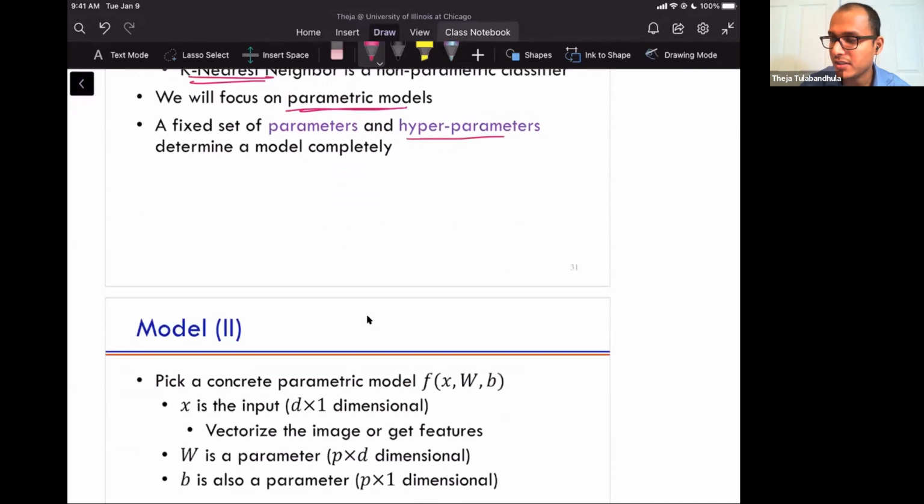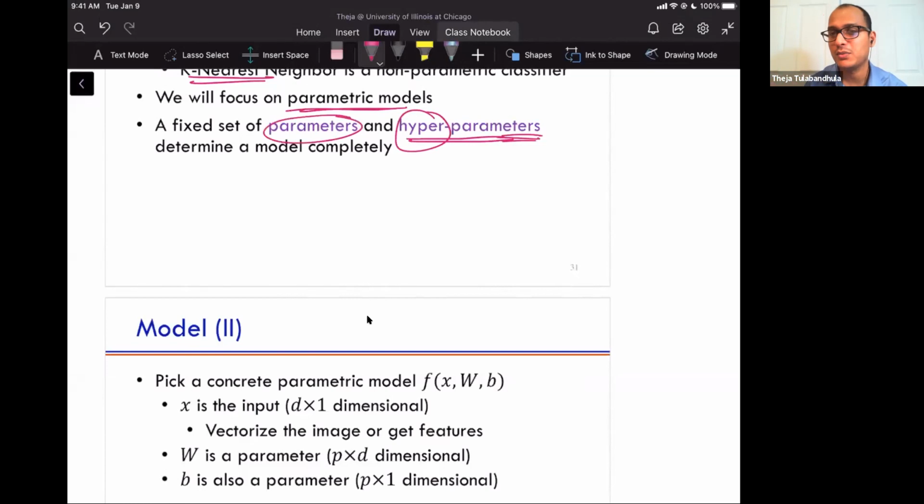There's also something called hyperparameters, and these are extra parameters. We'll see this when we pick up a specific model; I can make it clear what hyperparameters are. Think of them as an additional set of parameters, but they're given a special name because they're not optimized, or not picked, in the same way as the first set of parameters.